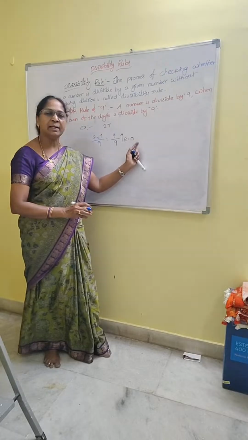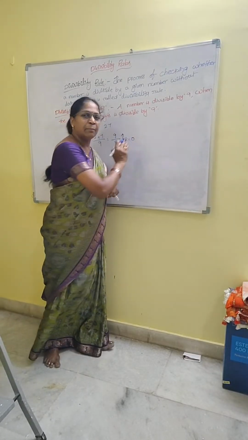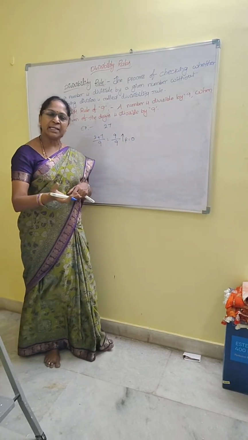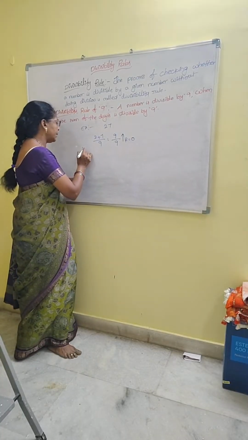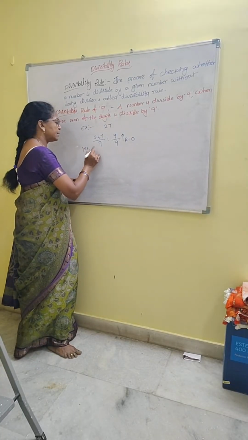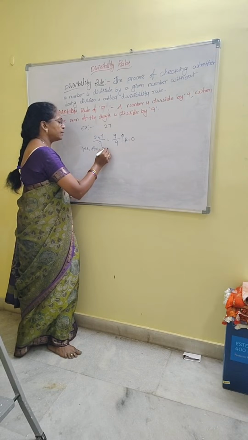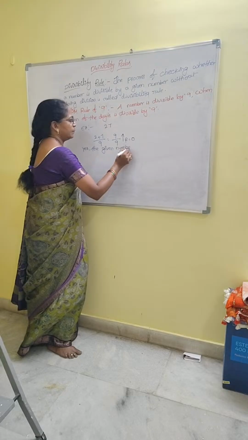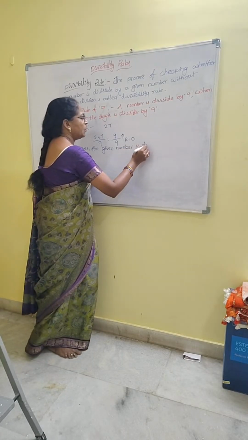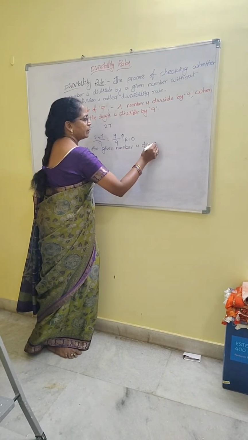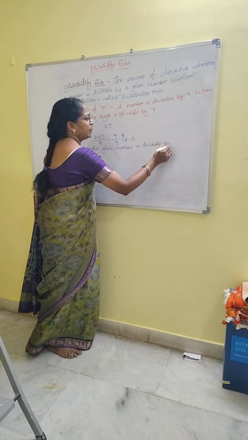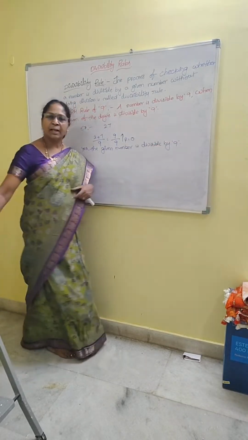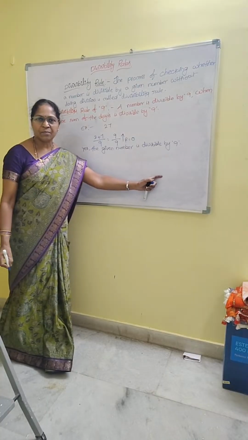So here the remainder is 0. Whenever we are getting remainder 0, you can say that yes, the given number is divisible by 9.